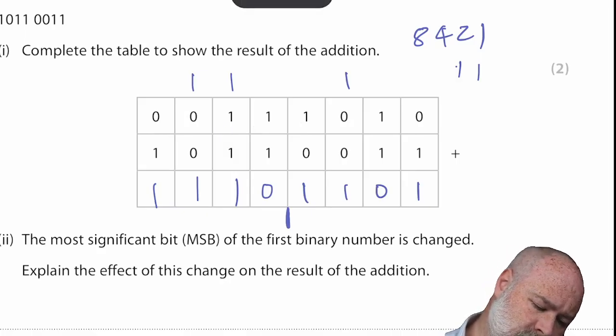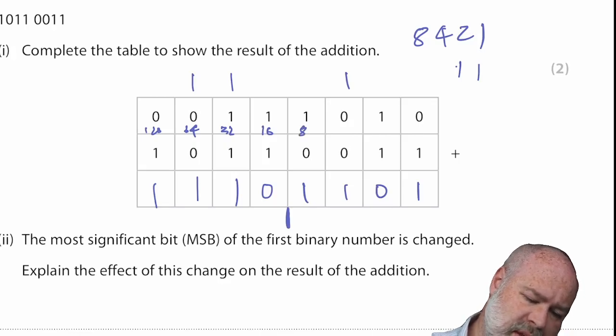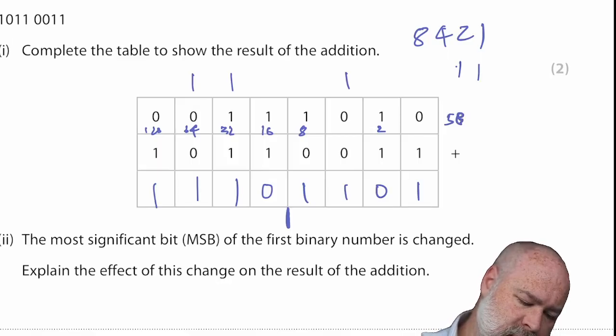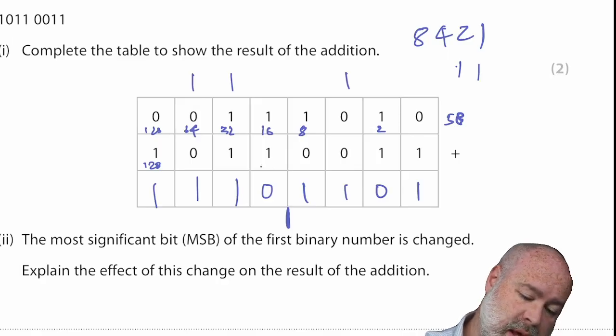That's 128, there's nothing there, nothing, 64, 32, 16, so 48, 56, 58, that's worth 2, 58. This one's 128 plus 32, so 160, and 176, so 178, because there's, 179, because there's one there as well.